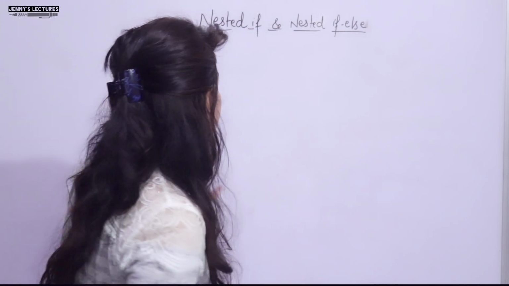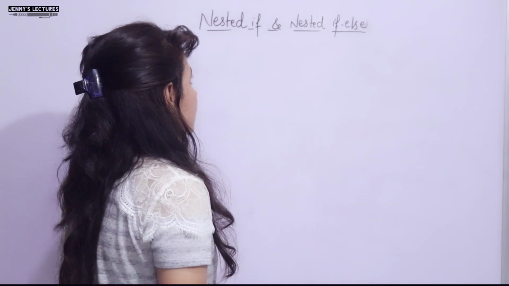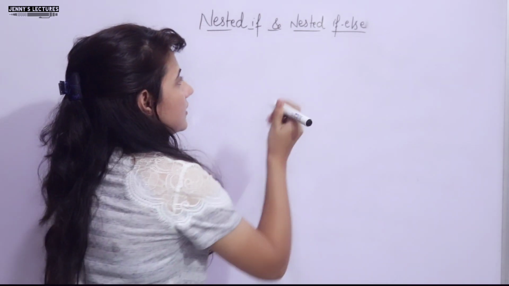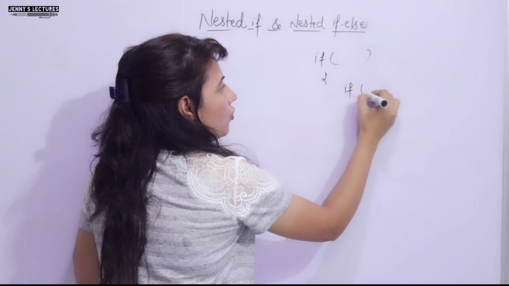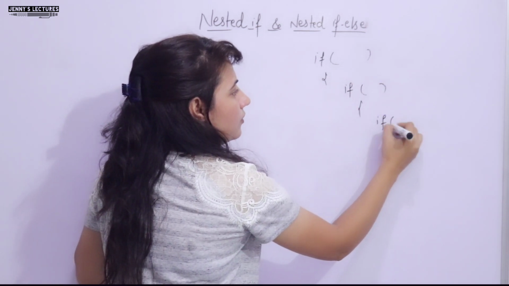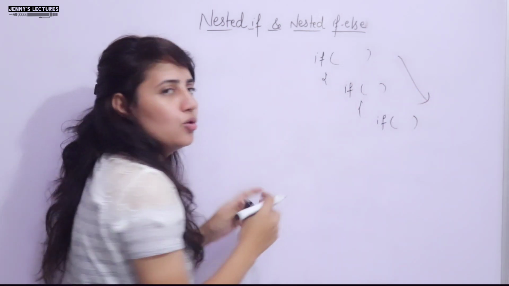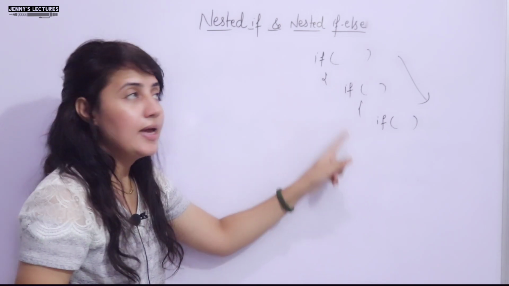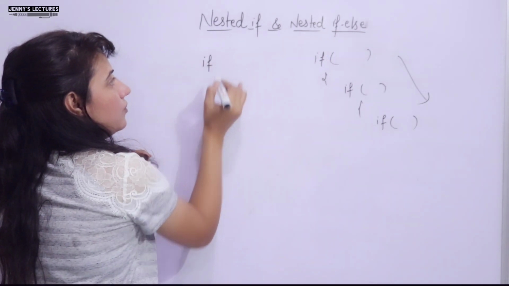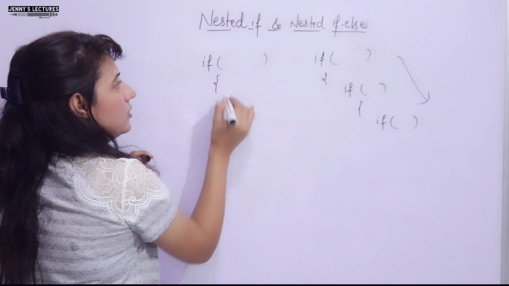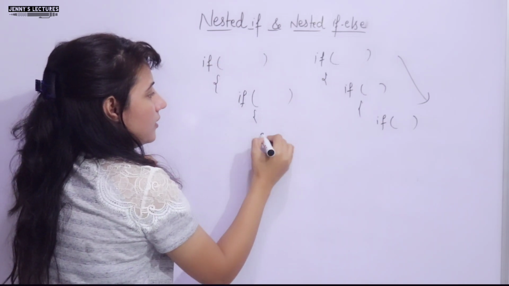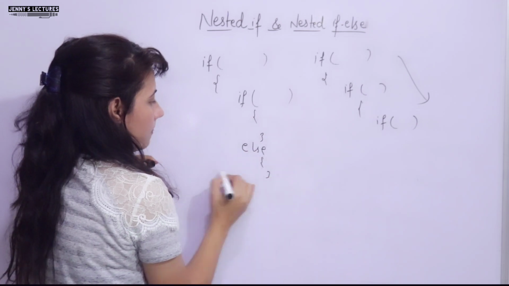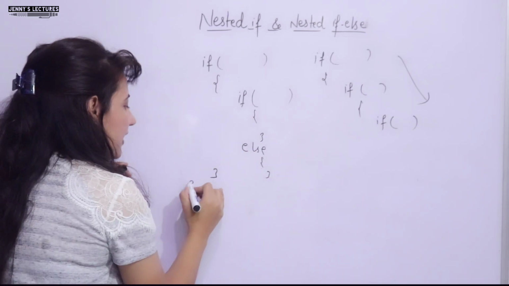Now let's see what is this nested if and nested if else statements. Nested if means we have one if, within this if we have one more if, and within this we have one more if. This is what is called nested if. And nested if else means we have an if with some condition, within this if we have one more if else, then closing of this if, after that else.